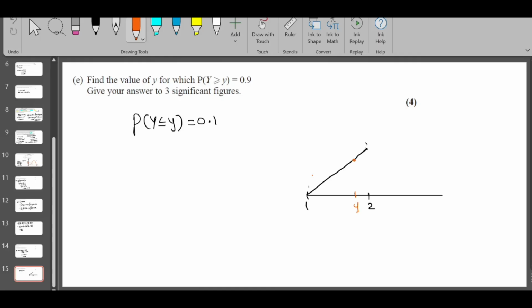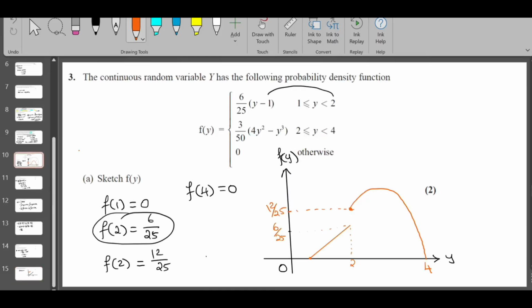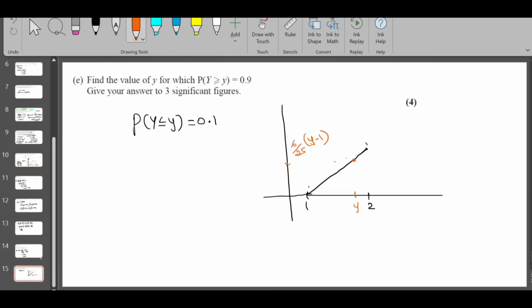When you sub in y into the function, the value of the function is 6 over 25 times (y minus 1). That's the function. Basically we need to find the area of this triangle and equate it to 0.1, because the probability till y means this area is 0.1.